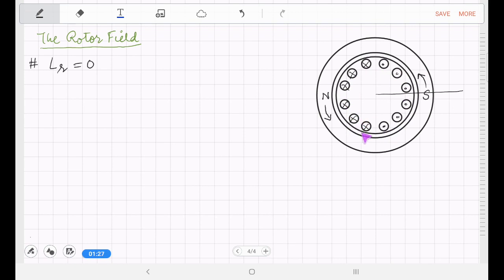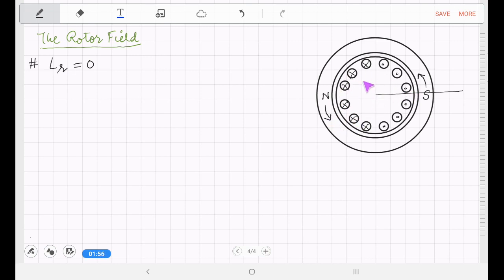Now, as the currents flow in the rotor conductors, they will establish a field of their own. If we use the corkscrew rule, on the left side the currents will be flowing into the plane, and if we rotate a screw so that it advances into the plane, it has to be rotated counterclockwise, and on this side also counterclockwise.